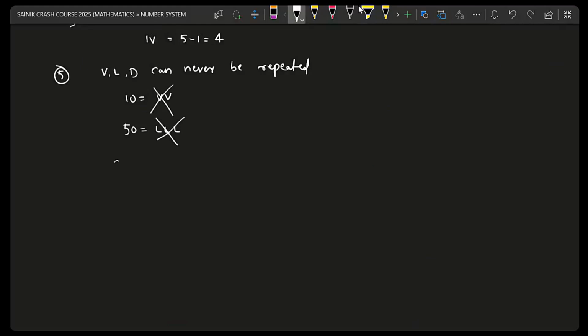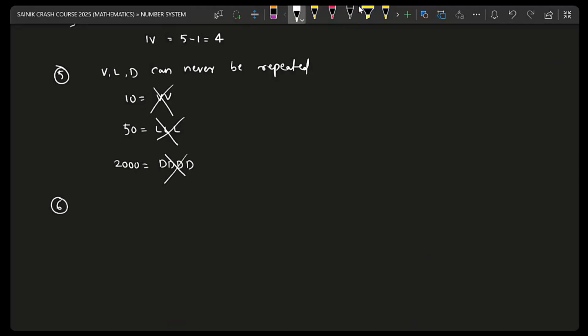Suppose I want to write 2000. I cannot write 2000 by saying DD. Sir, D is 500 and 500 is repeated 4 times. So 500 into 4 is 2000. Is it correct? Wrong answer. Why? Because V cannot be repeated, L cannot be repeated, and D also cannot be repeated. So what is the correct way of writing them, that we are going to discuss. But these are the wrong ways.